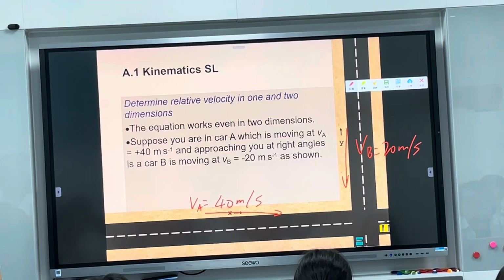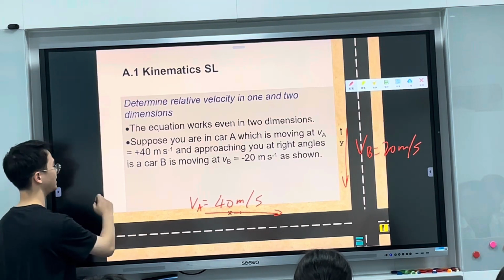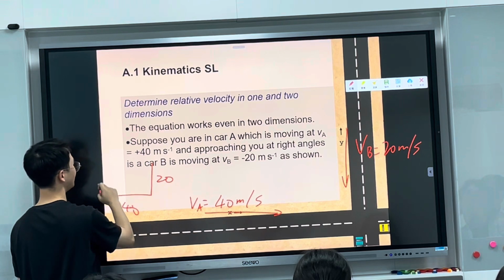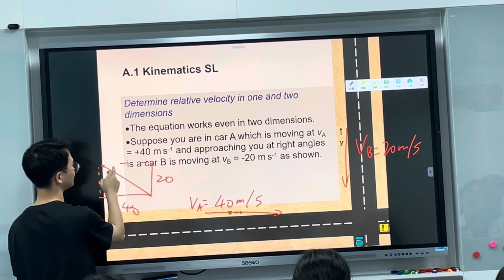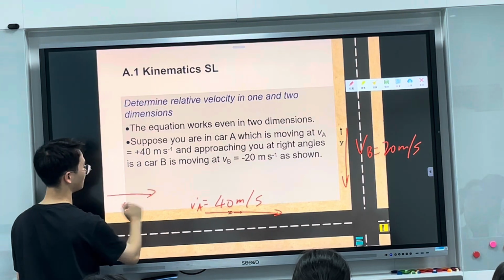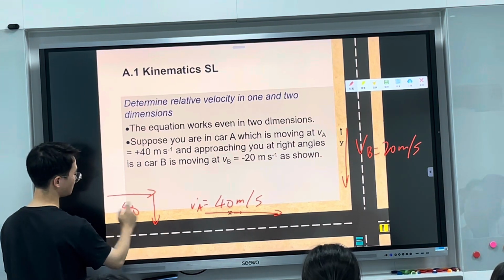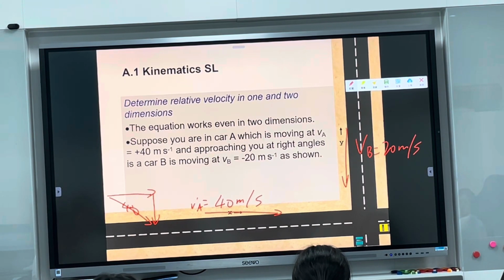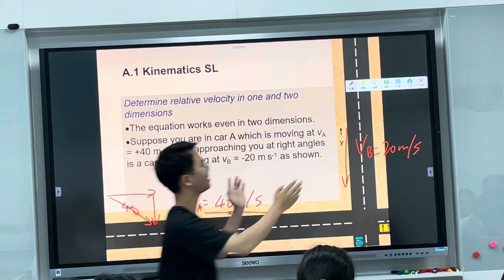So are you saying doing a right triangle like that? This is 20, this is 40, and then find the resultant velocity like that? Or in this case, 40 going this way, 20 going this way, so like that? Yes. Okay, no problem. Good guess.